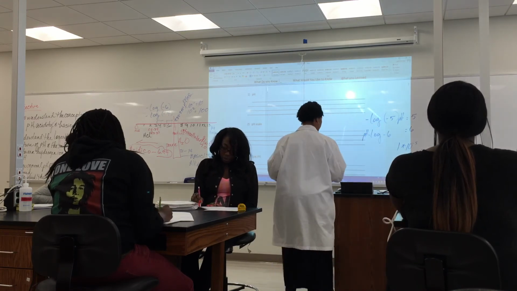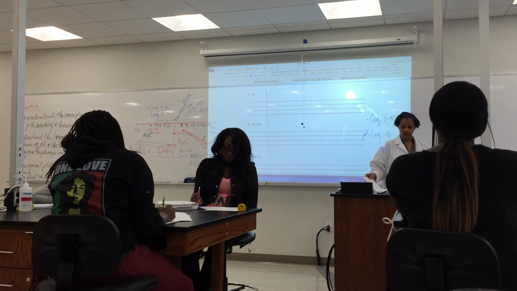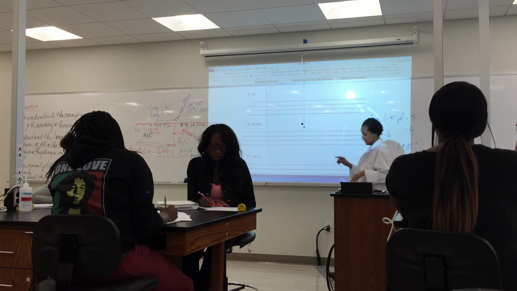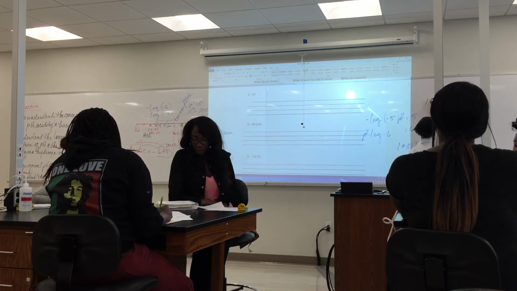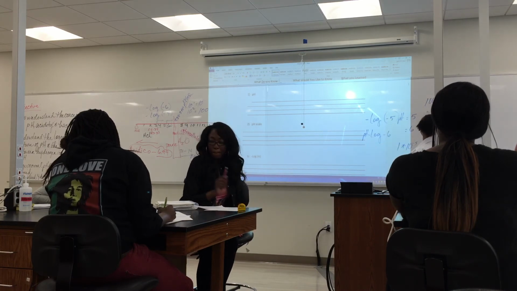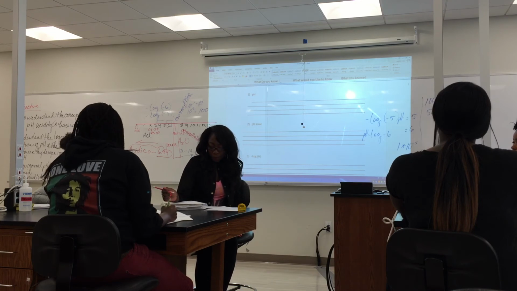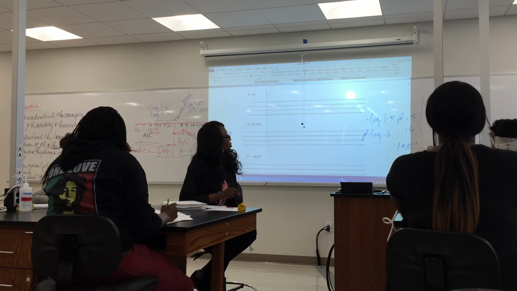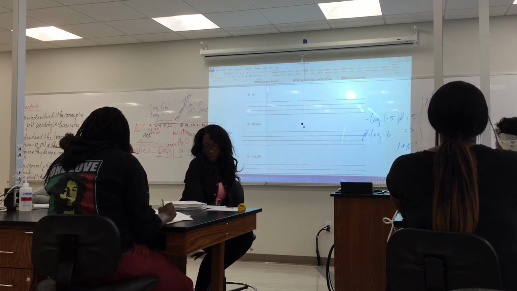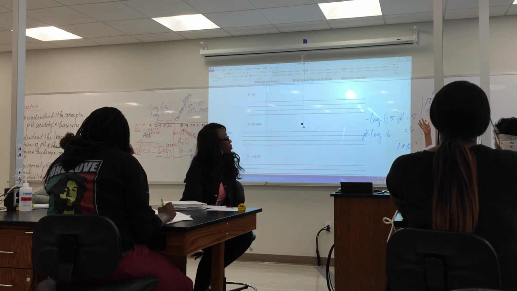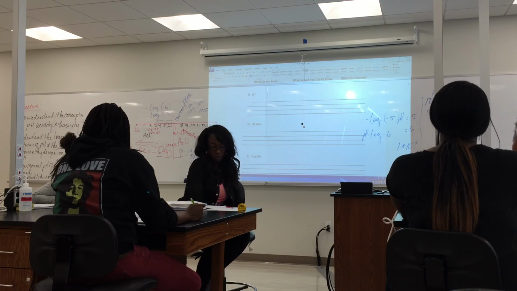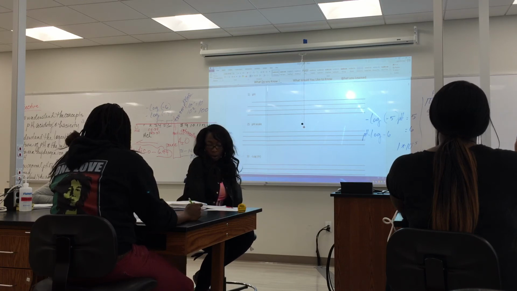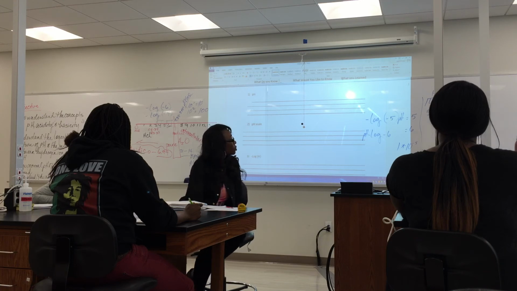So I have a question for you. If we have a buffer, and with one buffer we use 100 milliliters, and with the other we use 50 milliliters, and the change we notice with the 100 milliliters of hydrochloric acid is 1.6, and with 50 milliliters we get a change of 1.65, which is the better buffer?